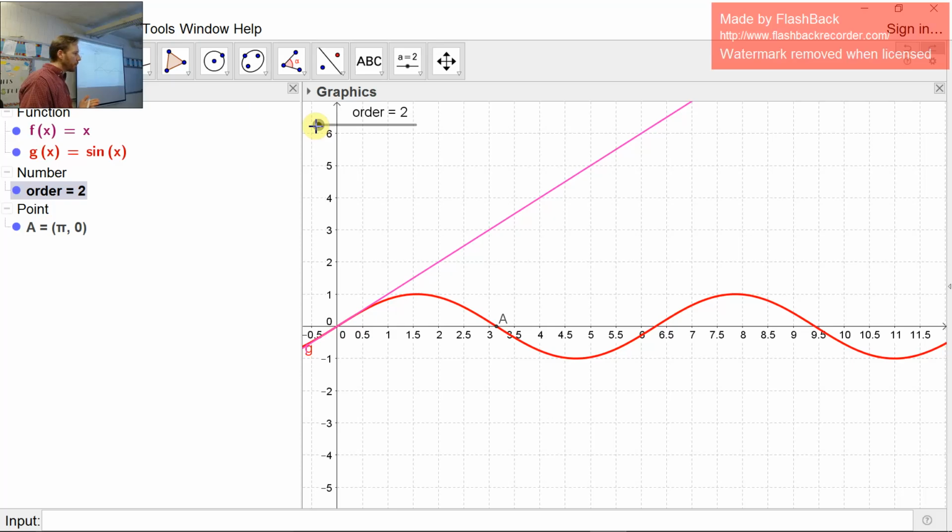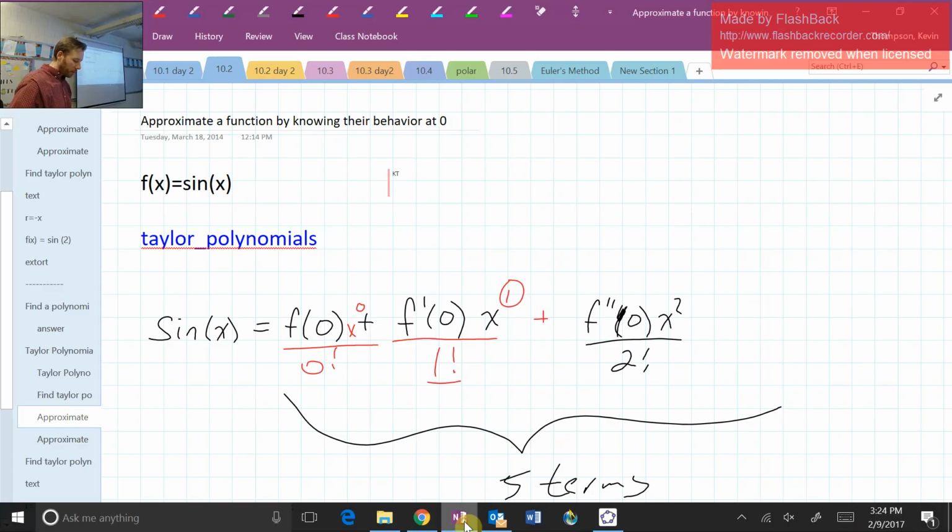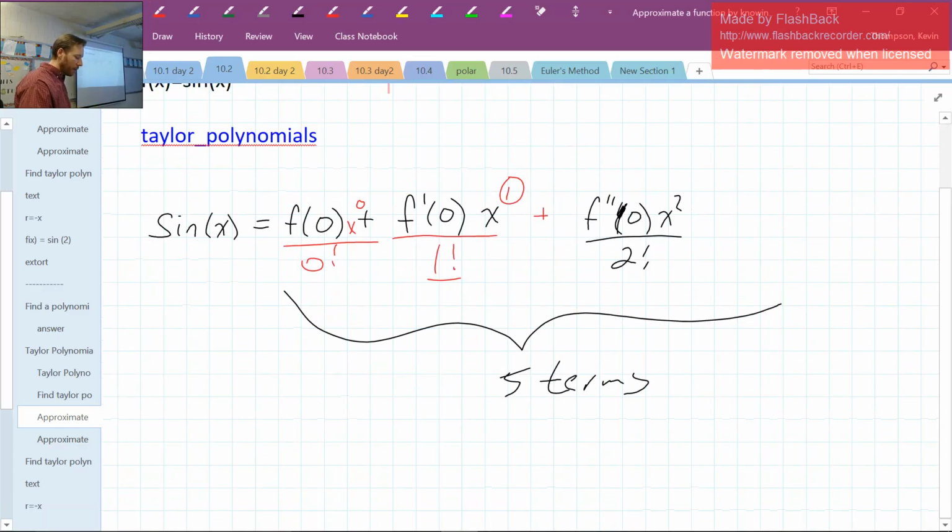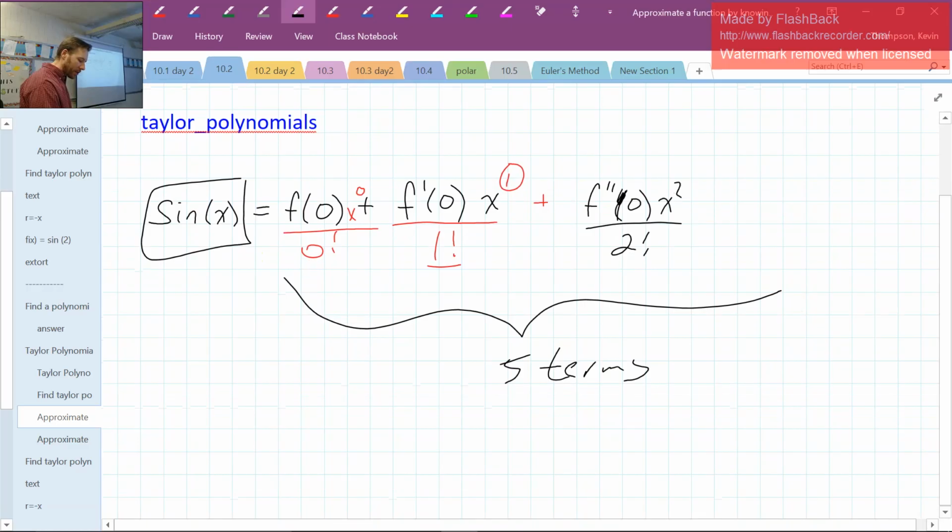So pause for a minute and think about this with me. There's a reason I'm showing you a graph right now. Look at what I'm writing. I'm saying the sine of x equals... Now, I shouldn't actually say equal unless I would do this.